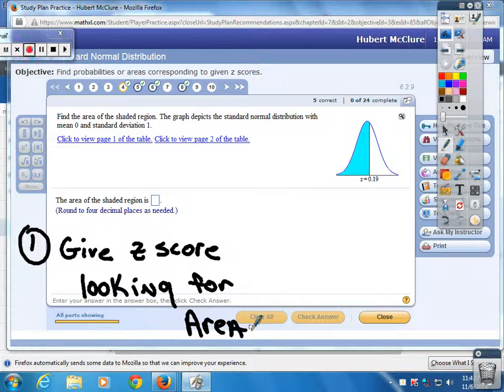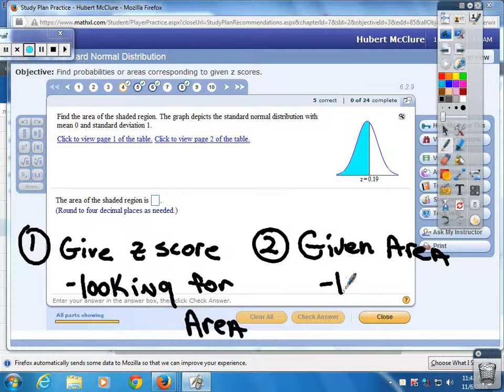In other words, if they give you a z-score, then your answer is going to come out to be area. If they give you area, you're going to be looking for a z-score.